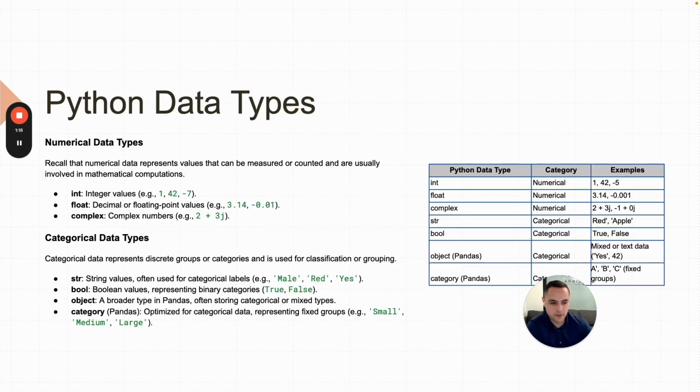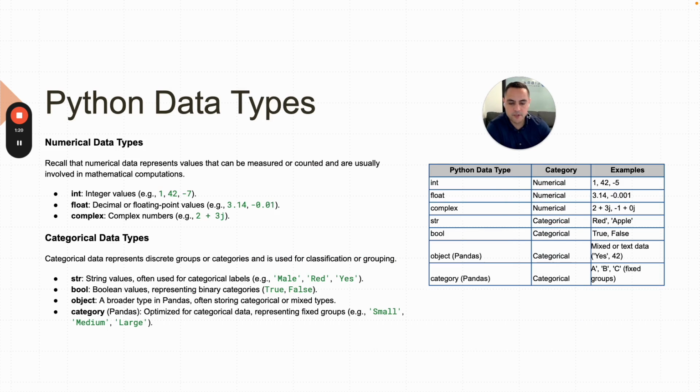So in Python, there's actually different data types. I mentioned earlier that the type of data that you have, or the column type, is important, right? So what does that data represent? Is it a number? Is it a category? And you can see there that there are different data types that are numeric.